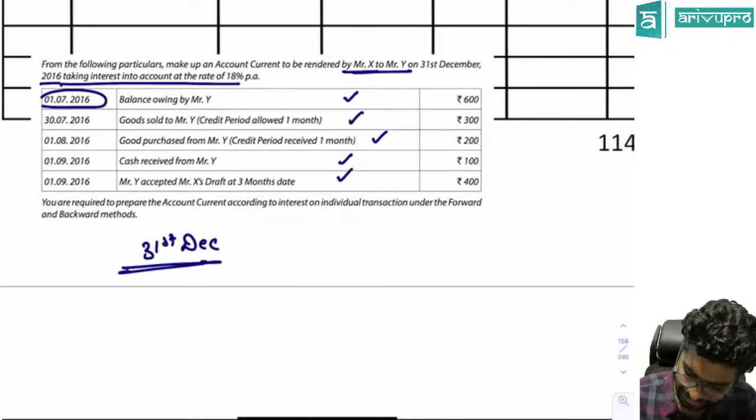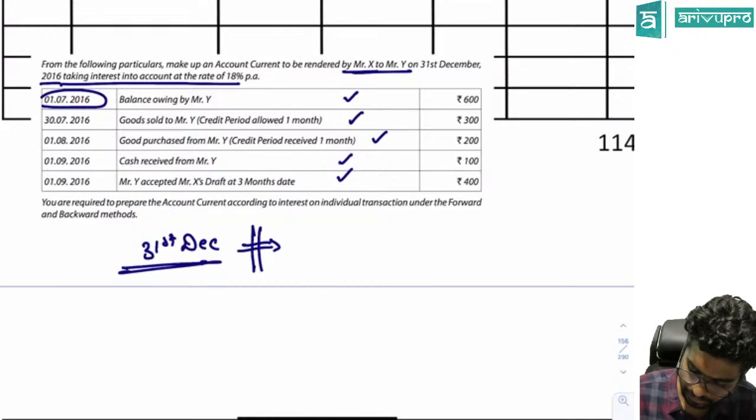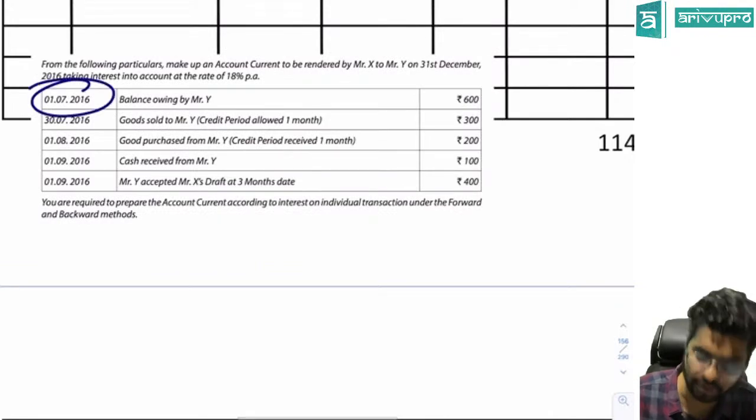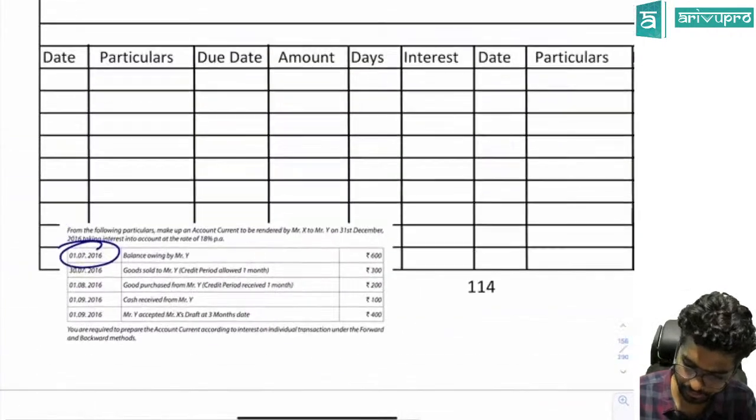Whereas in the backward method, guys, here I take everything from the first transaction of the month. So let me do this for you guys here.